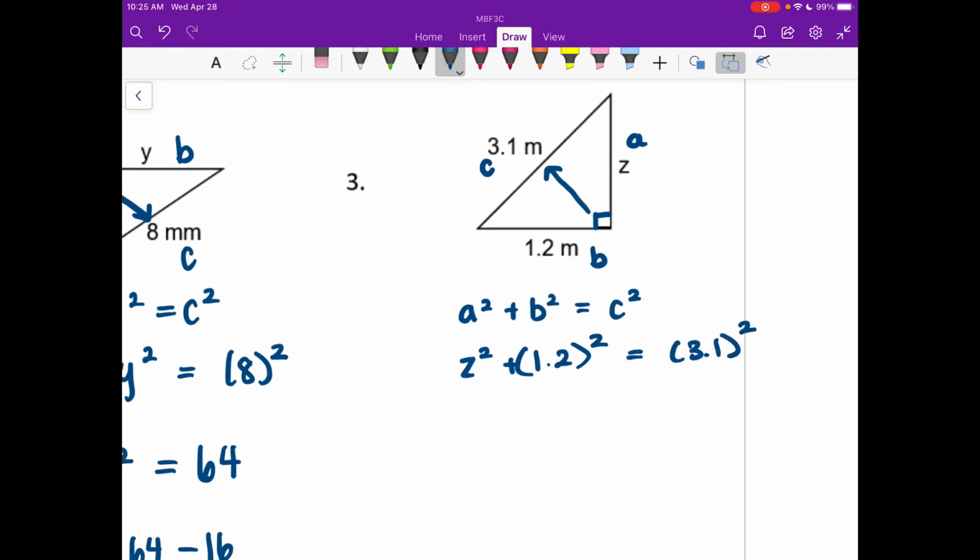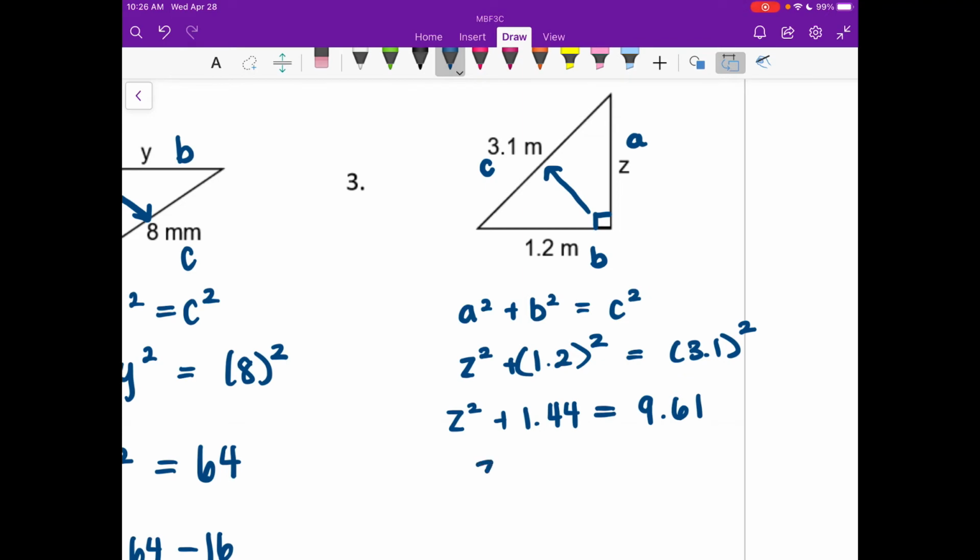If you don't want to put in the units while you're solving, just make sure you put them in at the end. So I have Z squared plus 1.2 squared, and 1.2 squared gives me 1.44. 3.1 squared gives me 9.61.